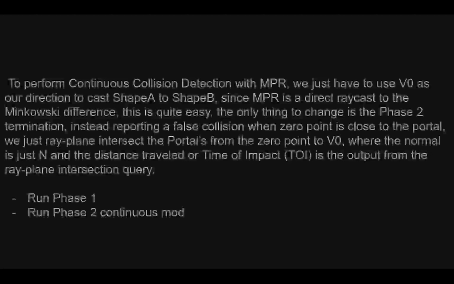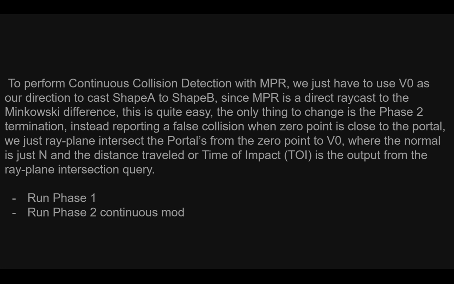Simply, you can just modify phase 2, where if the 0 point is close to the portal, we only have to make an intersection of a ray against one plane, and that plane is the portal.